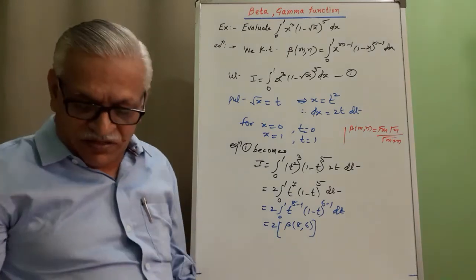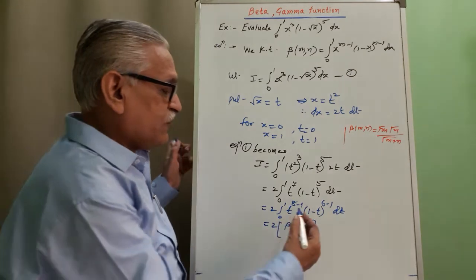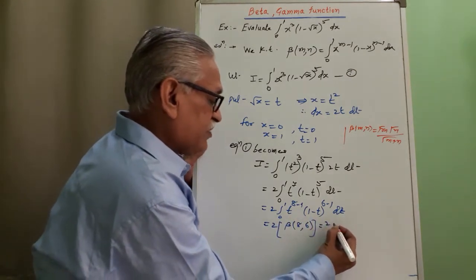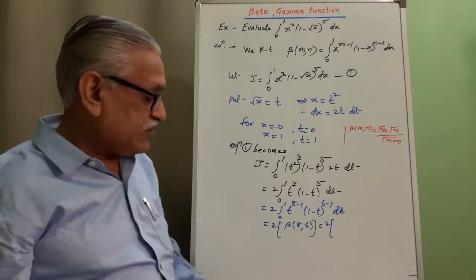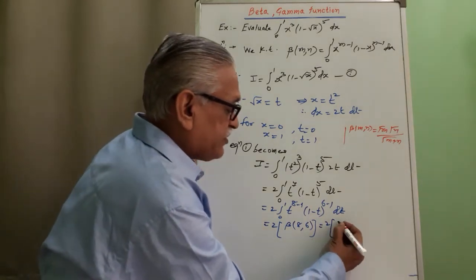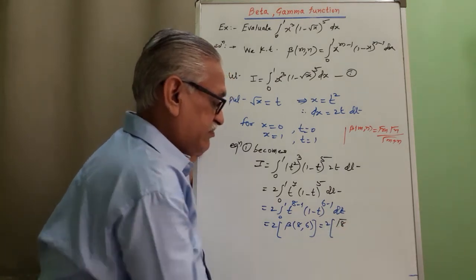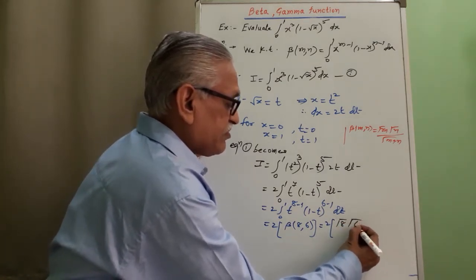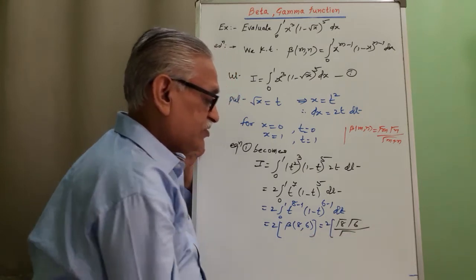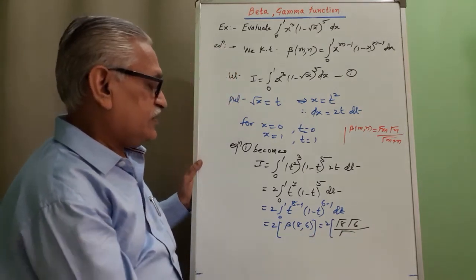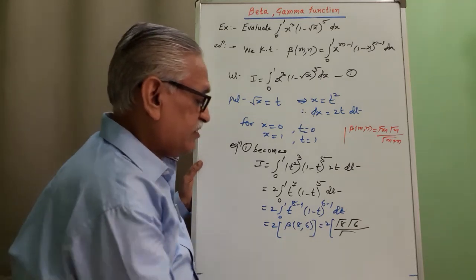Using this relation between beta and gamma, it is equal to 2 times gamma of 8, gamma of 6, divided by gamma of 8 plus 6, which is 14.